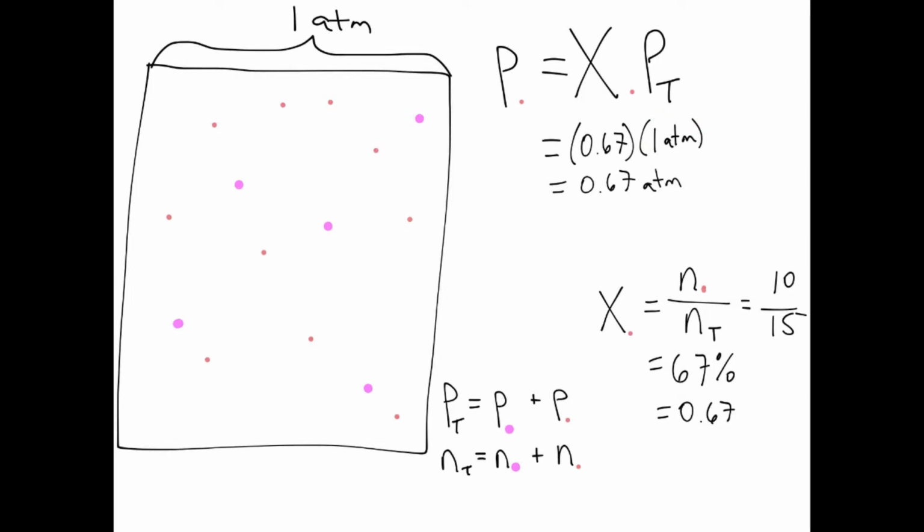So these tools allow us to think about a gas mixture as really just a sum of individual pieces, all behaving ideally. The volume is conserved, the temperature is conserved, and the pressure is really only thought of in terms of relative numbers of collisions of each of those different types of particles. And we can figure out how many types of collisions would be associated with one type of particle by considering what's known as the mole fraction.